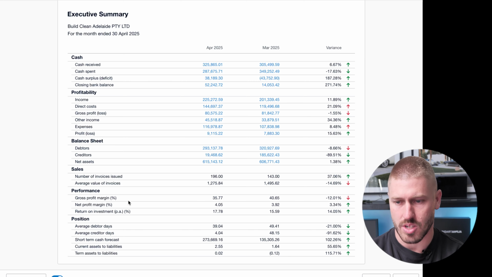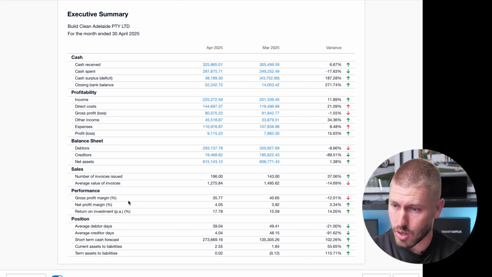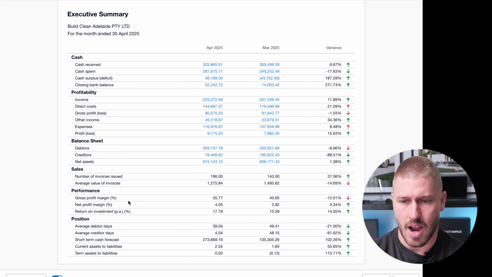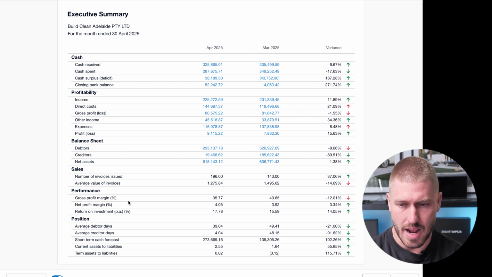And we can also see those net profit margins. I would have drawn a conclusion here, as we've had a look at from the sales section, the average value of invoices and the sheer volume of invoices that were done. I would say that in the team meetings, in the managers meetings, they will be having discussions about why is revenue so low.